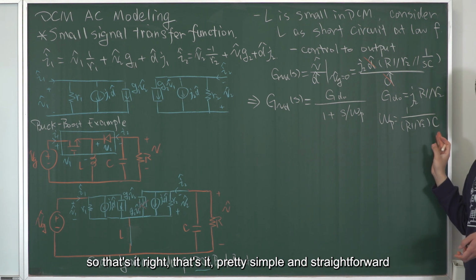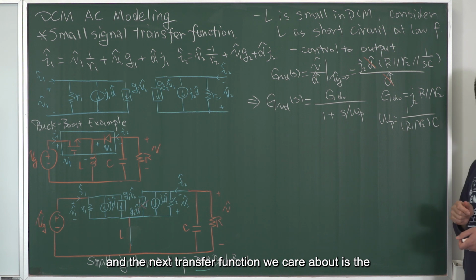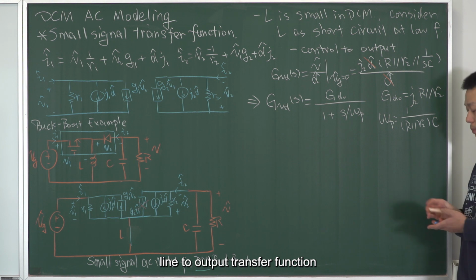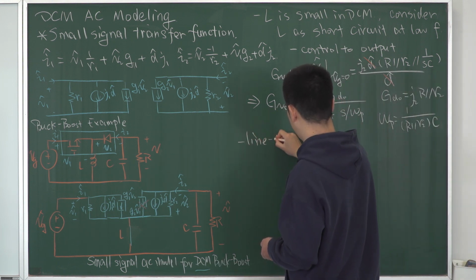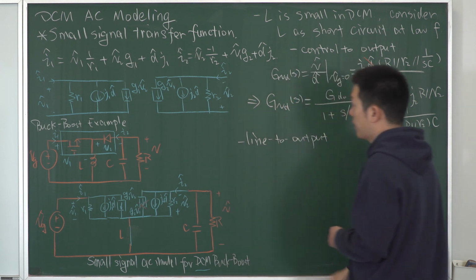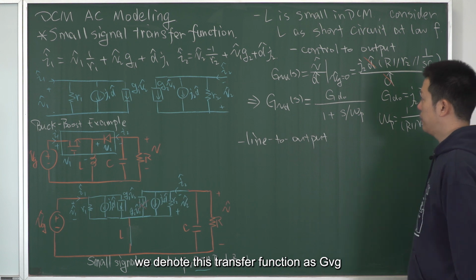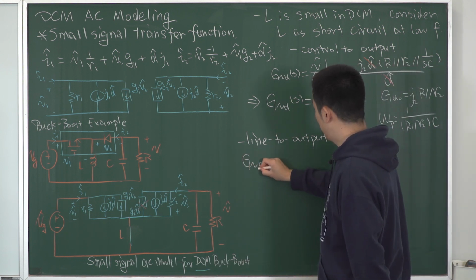Pretty simple and straightforward. The next transfer function we care about is the line to output transfer function, which we denote as GVG.